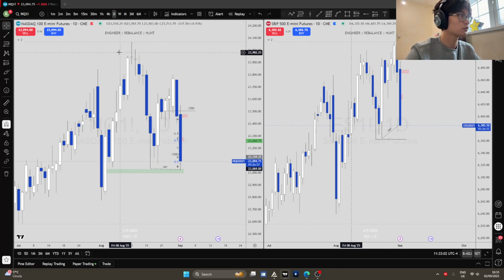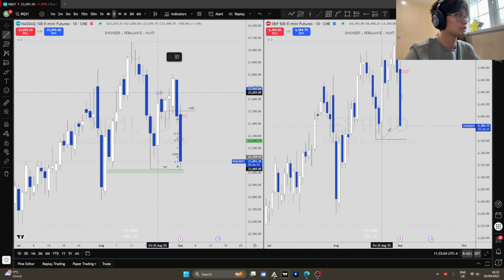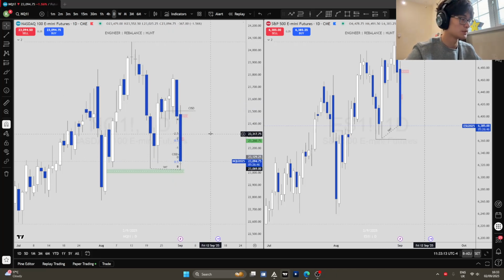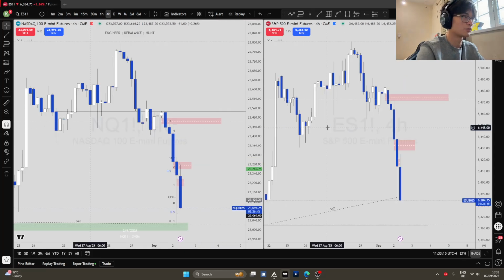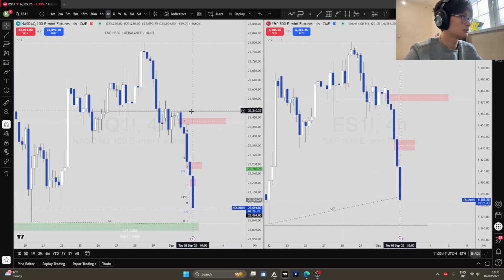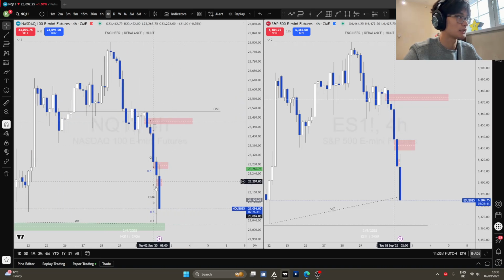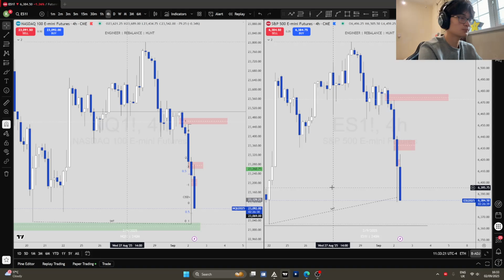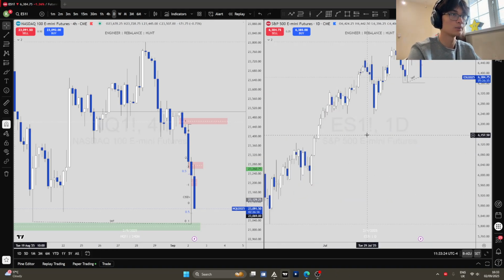So first of all, on the daily, we've got a daily change. Here's the buy side sweep. We've got the daily change. We displaced below, we tap into it, and overnight we actually dump from there. So tapping into that change and then dumping from there. And same thing on the 4 hour on ES.